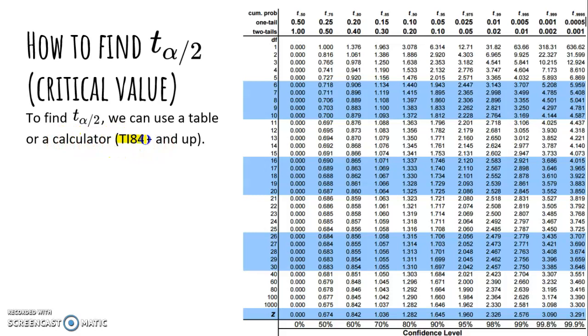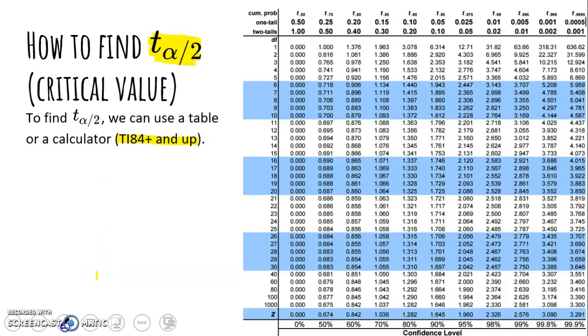However, the calculator that can be used for this are the TI-84 pluses and up. So if you have a TI-83 or a regular TI-84, you might not have the function in your calculator to find your t. And if that's the case, you have to learn to use this table, which I can get you a copy of if you need it. So let's see how this works.